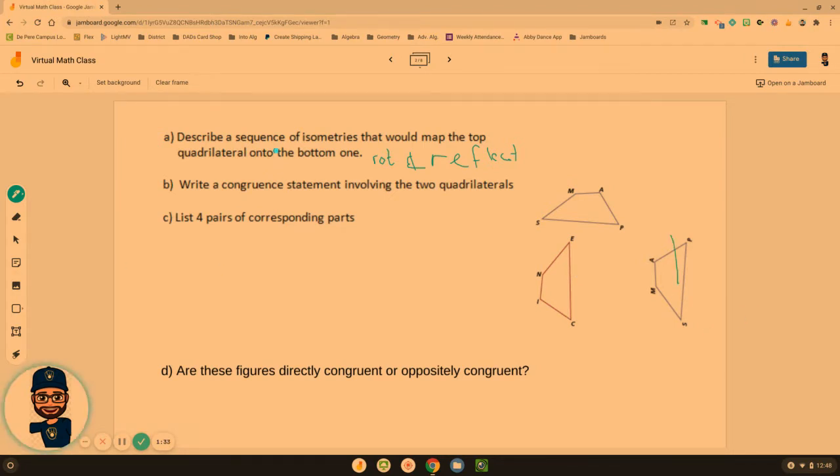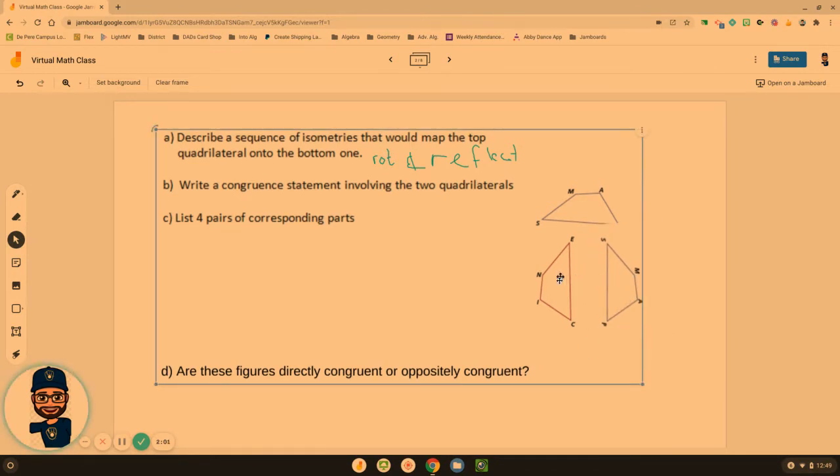If we do that, what we have to remember is that S is going to be up here. Maybe if I rotate it just a little bit more, there we go. Now we can see it better. If I reflect this purple one back on top, they all match up.